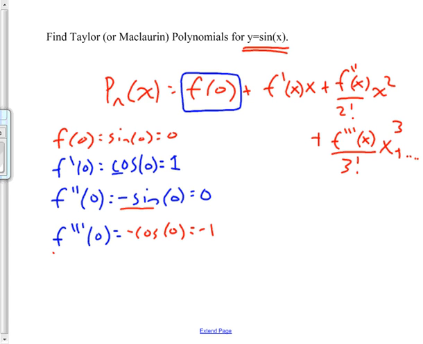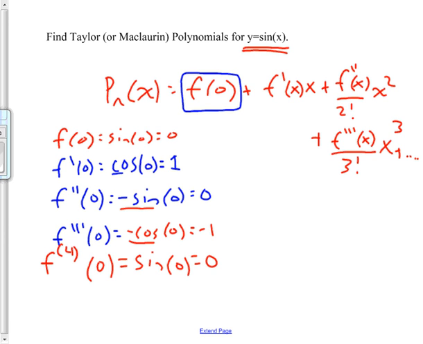And we're going to start getting some interesting patterns here. So f quadruple prime, and once we start getting big like that, we write it like this, f with a 4 in parentheses, our fourth derivative, evaluated at 0. Well, the derivative of negative cosine is positive sine of 0, which is 0.